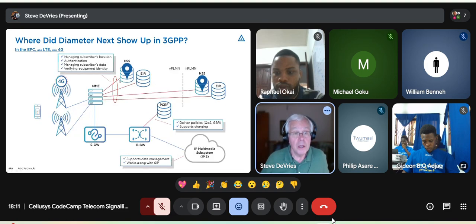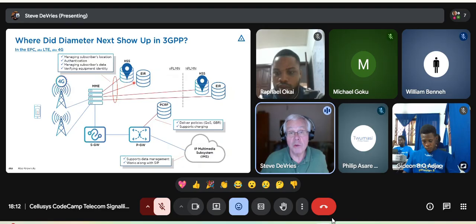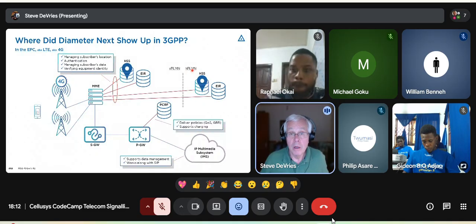It then showed up here. It next showed up in the Evolved Packet Core, which is known as LTE or 4G networks. So when the mobility management entity needs to communicate with a home subscriber server or the equipment identity register locally, or if you're roaming, it communicates with the home subscriber server in your home public land mobile network.